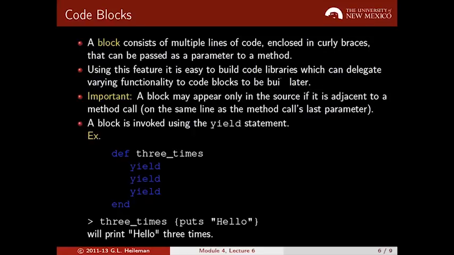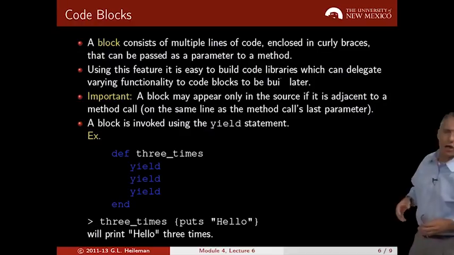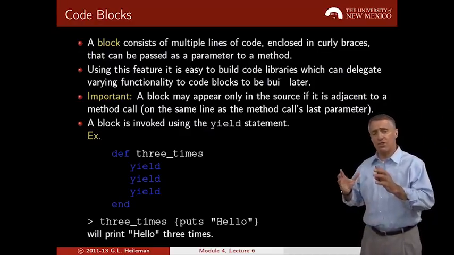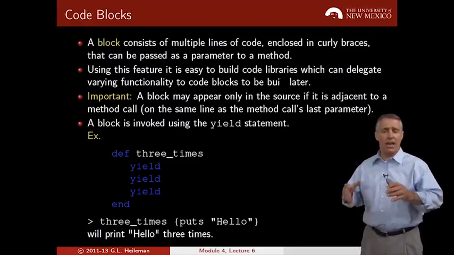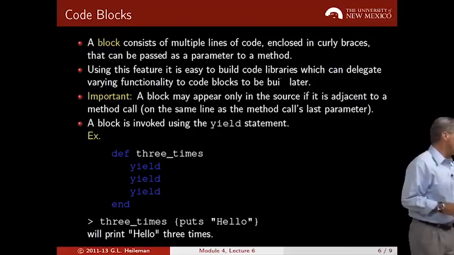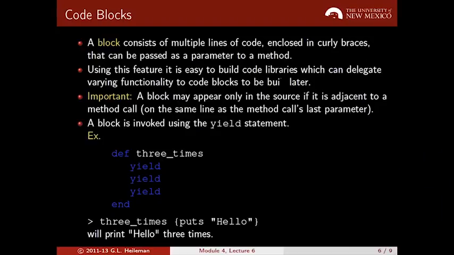Now here's the most important rule to understand about blocks. A block can appear only in the source code if it's adjacent to the method call and on the same line as the method call's last parameter. Here's an example. So I'm creating a function called 3times, and it's got 3 yield statements in it.